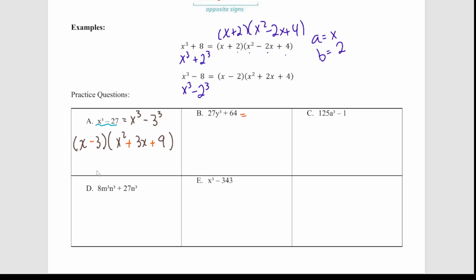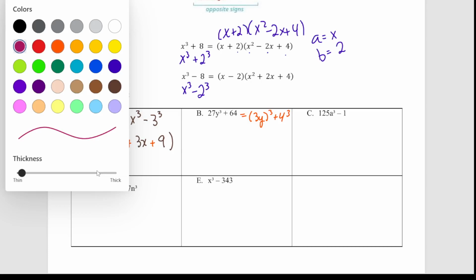So for this first one, 27y cubed, it must have been a 3y all cubed, since 3 times 3 times 3 is 27, y times y times y is going to give you that y cubed. Plus, and then 64 must have been 4 cubed, since 4 times 4 is 16, times another 4 is 64. And then we're going to start to fill that into our formula.